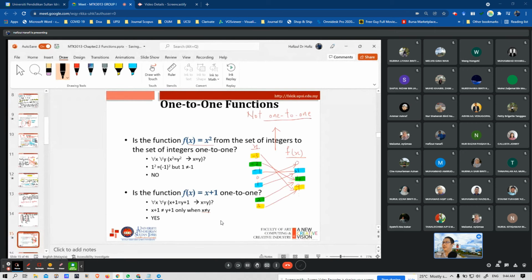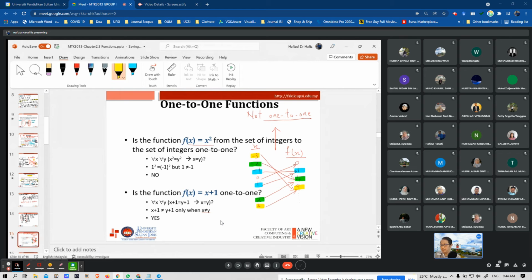And then 1 squared is equal to minus 1 squared, but 1 is not equal to negative 1. So we can conclude that the function f(x) equal to x squared is not a one-to-one function.